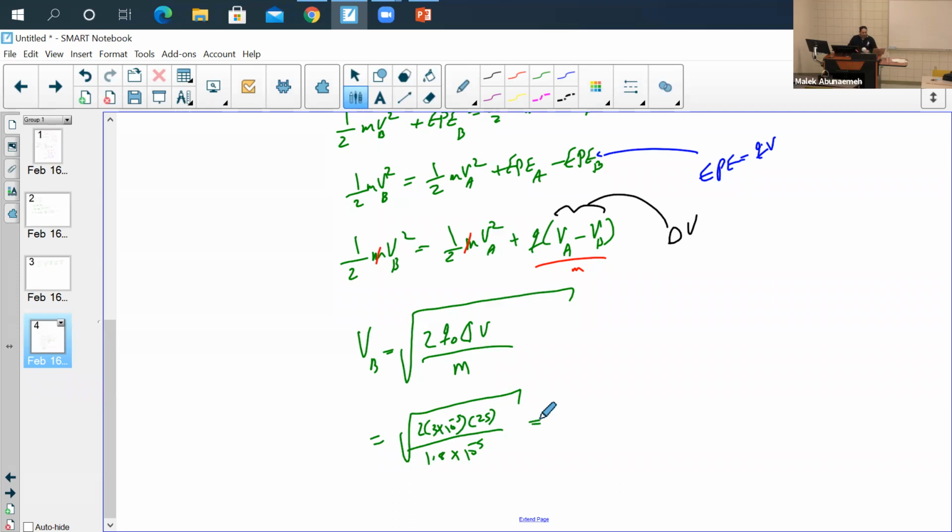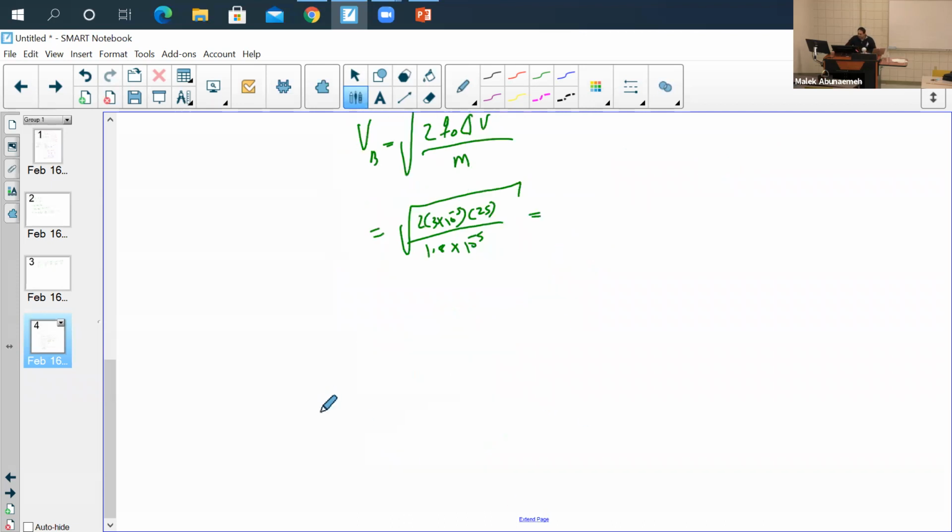Now let's plug this in. All right, I got 9.1 meters per second for part A.